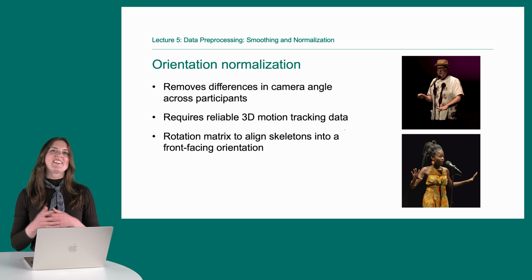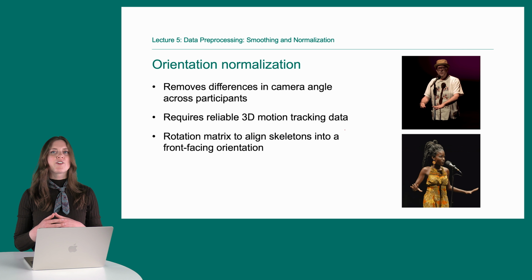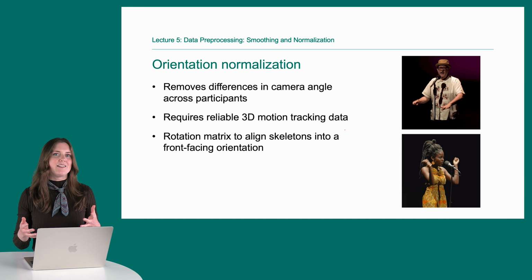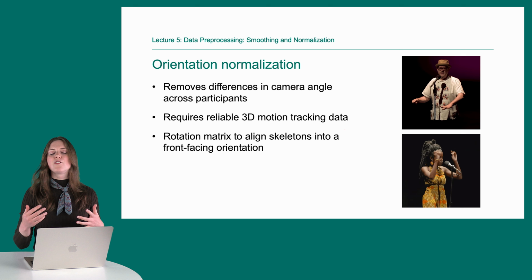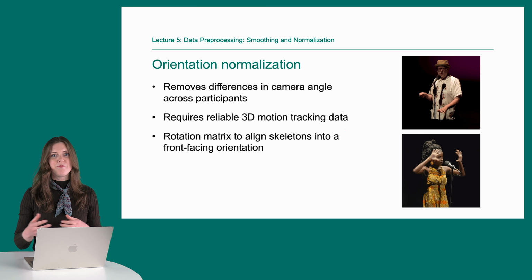Finally, we normalized the size and position of participants, but we did not account for differences in body orientation. In our dataset, we have a couple of participants who were not captured from a straight-on angle, so their bodies are slightly rotated. This is not ideal because it means one arm is closer to the camera than the other, and their movements are not symmetrical.